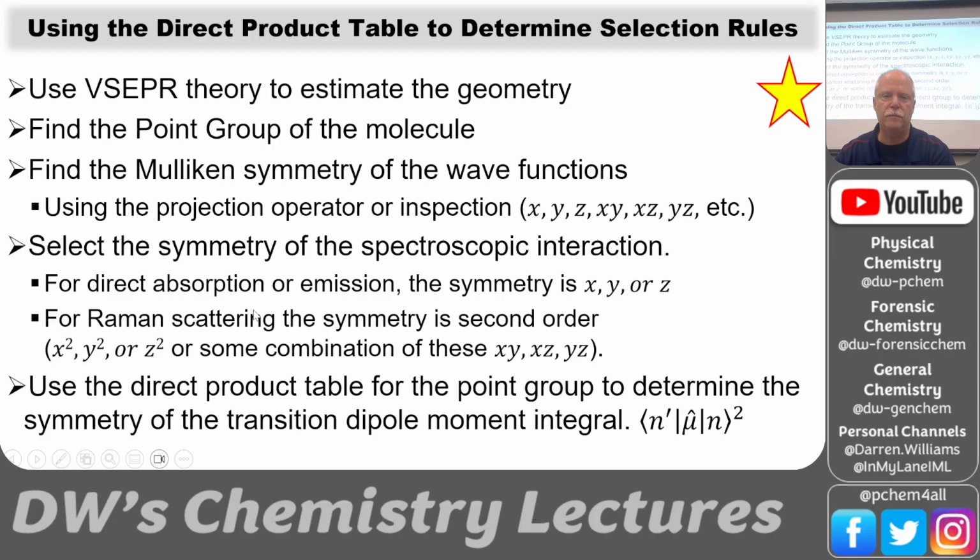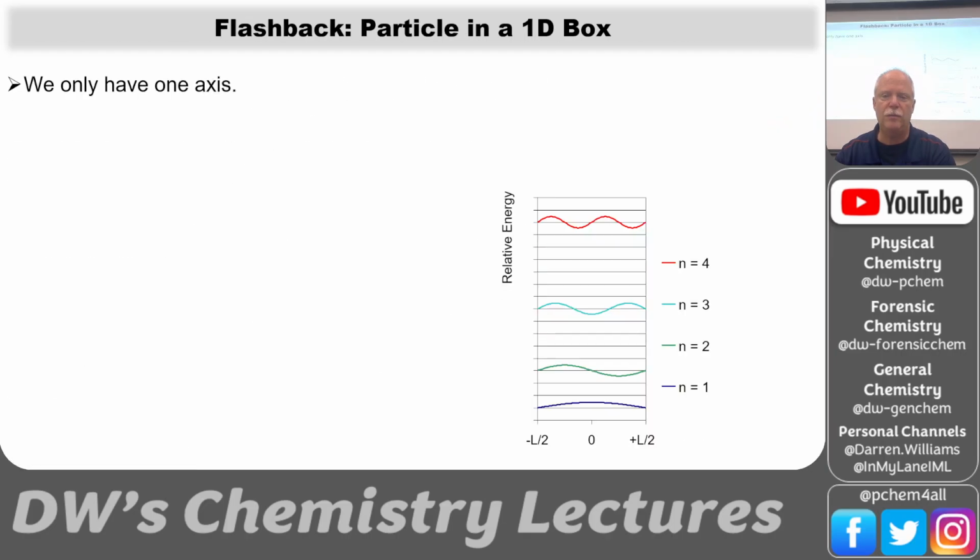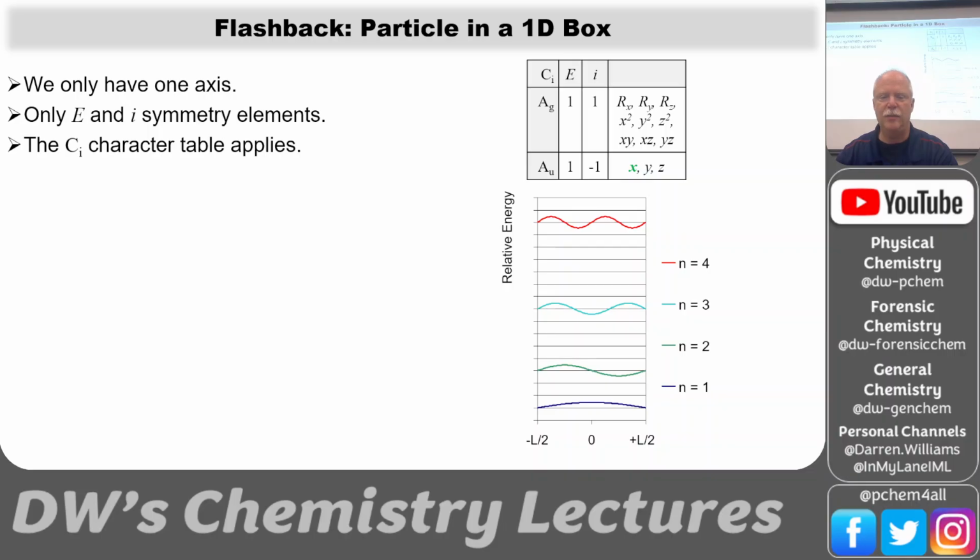So let's do it. Let's go back to the particle in a box. We have our 4 wave functions here. We only have E and i symmetry elements. So that's our character table. So Ci is our character table. Top row is Ag. And so for light, we're going to pick the x, because we only have the x-axis, because it's a one-dimensional system.